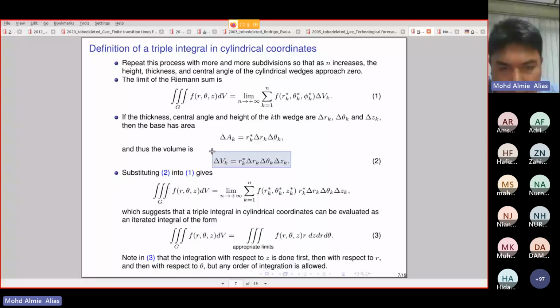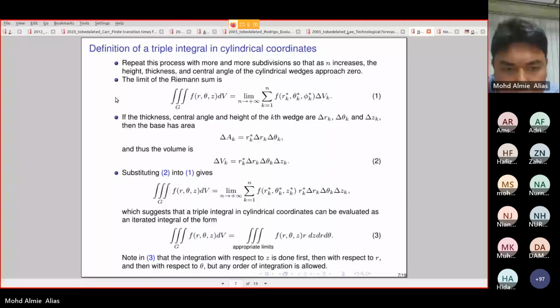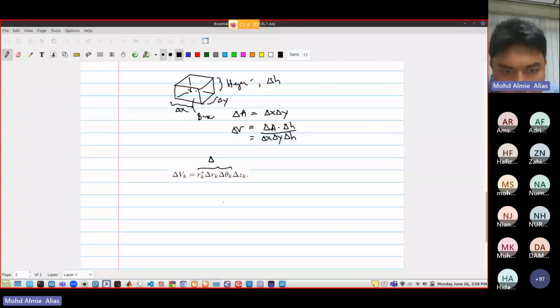let's just take this here. And this is actually delta A_k, which is the base area of the k-th wedge, or small wedge.